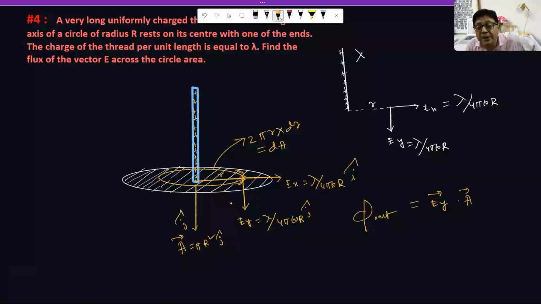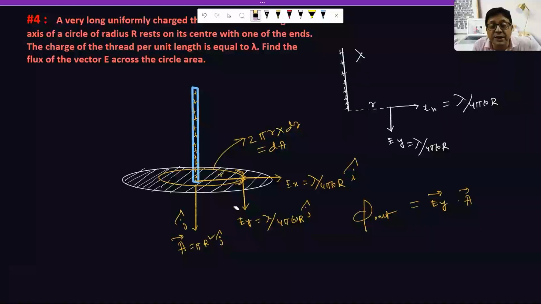So if you write Ey into A, it will be wrong, because over the whole circle area, Ey will not remain the same. It depends on distance. I have written here, depend on distance r. It is true for the whole circle at the extremity.